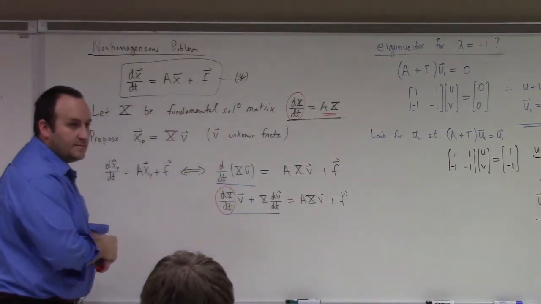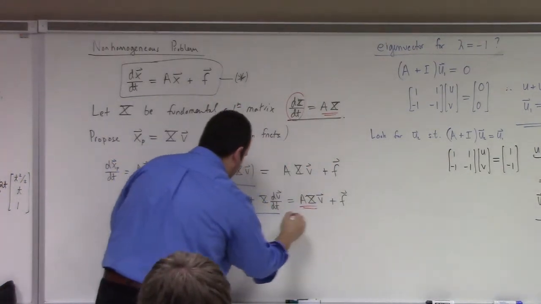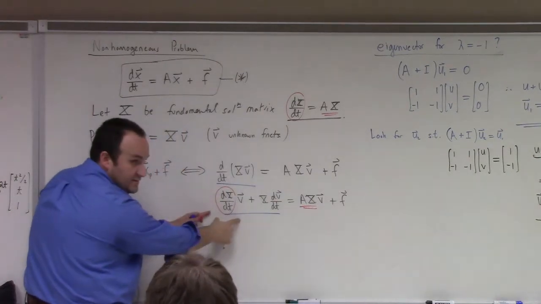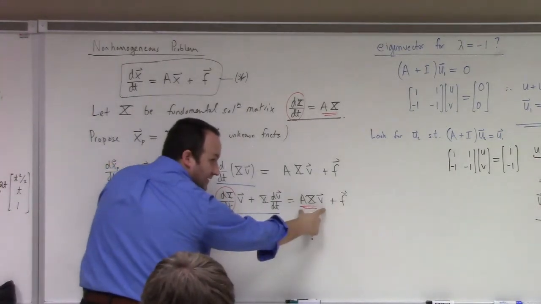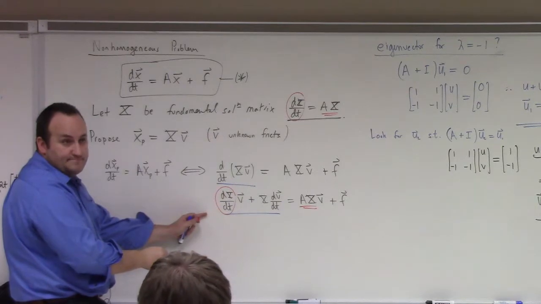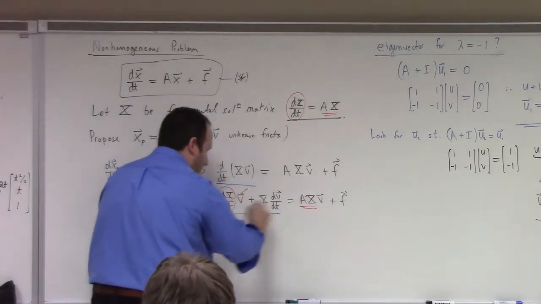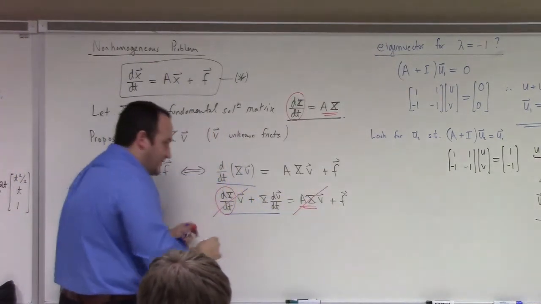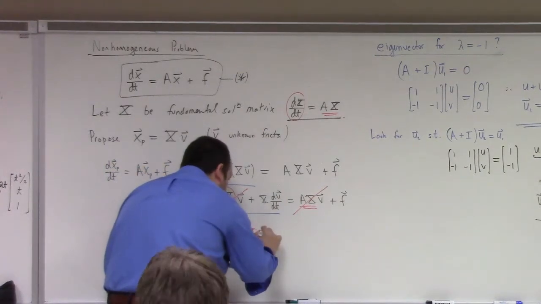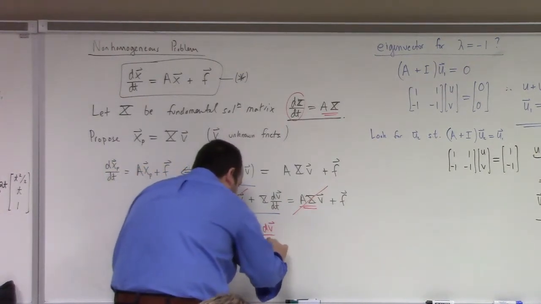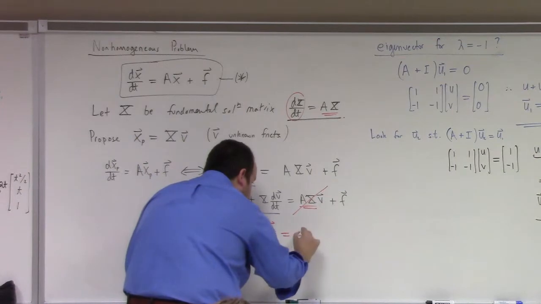So, in fact, this piece and this piece are the same, right? So these cancel. And we're just left with X dv/dt equals f.